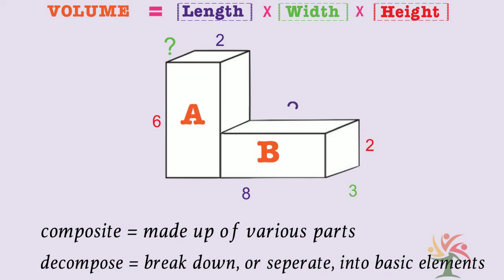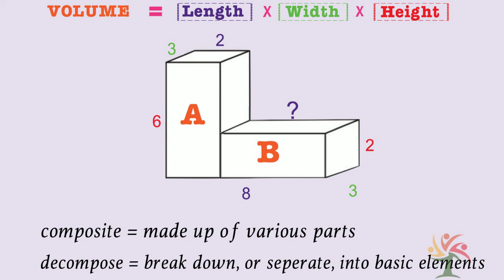But first we have to find some missing values. Let's look at the green question mark first. This is the easiest, as the width of the prism is the same at both ends, which means the width in green is also 3.